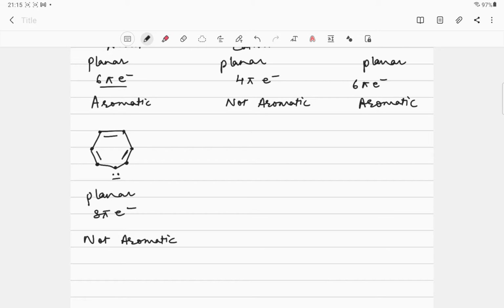So what type of questions are generally possible here? From this particular topic, we may get a list of compounds, like you are given the list of compounds, maybe like this, and you are supposed to identify whether the compound is aromatic or non-aromatic, or if it is non-aromatic, why is it non-aromatic?